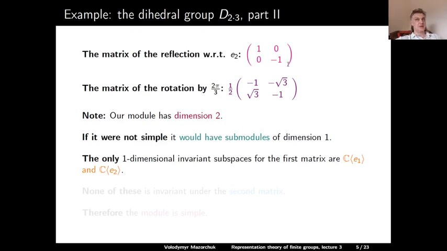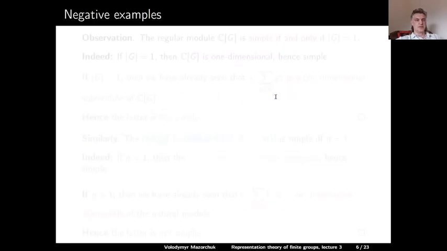Any invariant subspace of dimension 1 is of course given by an eigenvector. This matrix has only two eigenvectors up to scalars, and these are the linear spans of e1 and of e2. However, none of these is invariant with respect to the second matrix, and we are done. So therefore, there are no one-dimensional invariant subspaces, and our defining module over D_3 is simple.